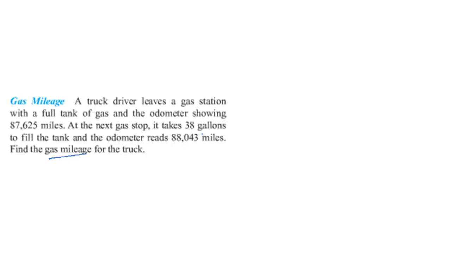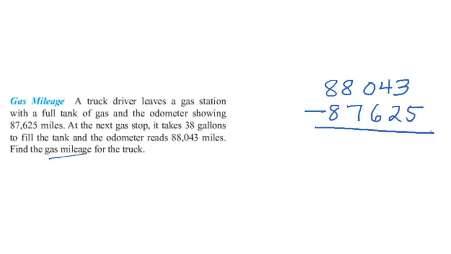So we're going to start with those odometer readings because we need to figure out how many miles the truck traveled on this full tank of gas. So let's take those odometer readings and subtract the two and see how many miles the truck traveled.